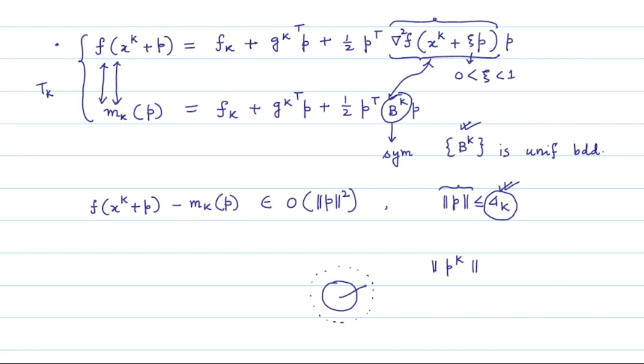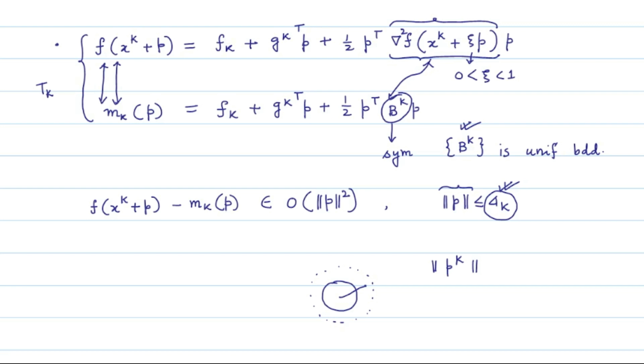We choose delta k by the following rule. If there is a good agreement between the values of mk(p) and f(xk plus p), then we choose delta k as large as possible. However, for low agreement between the objective function value and the model function value, we choose a smaller delta k.